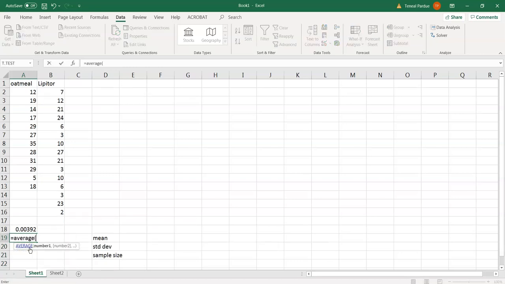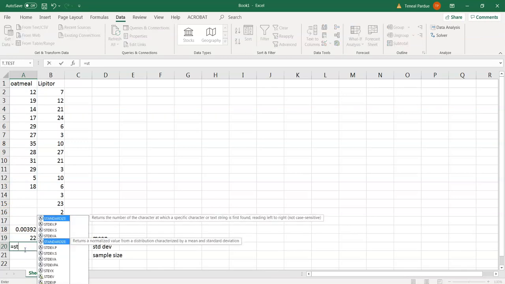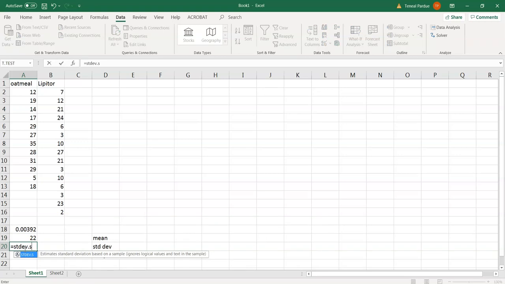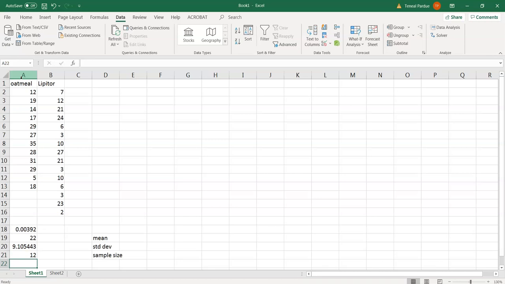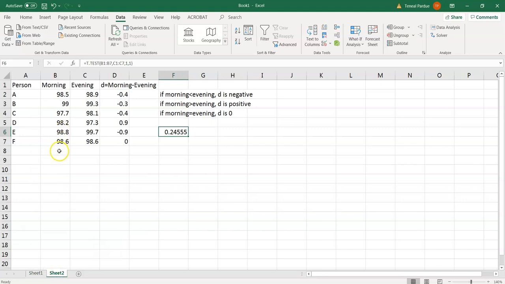So in this one, just the mean, the standard deviation, and the sample size. And you can just see that one is 12. And do that for both groups. And then do the same thing over here.